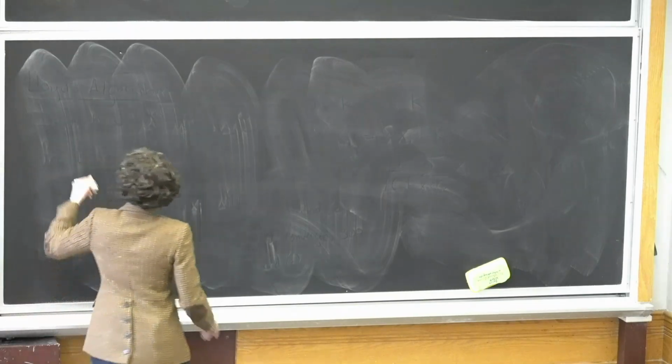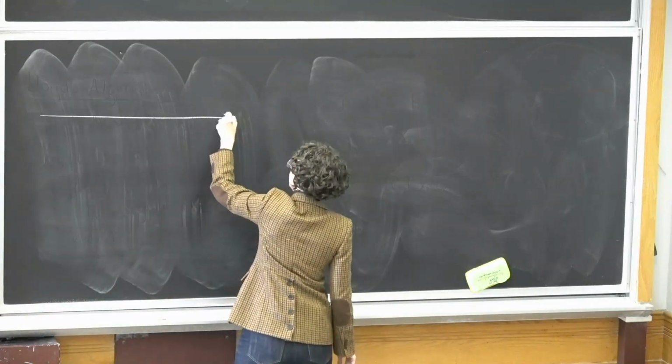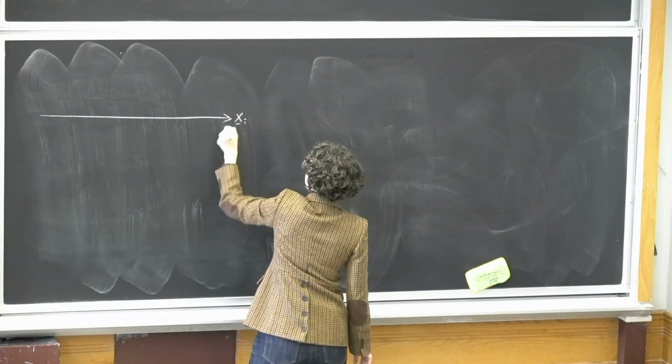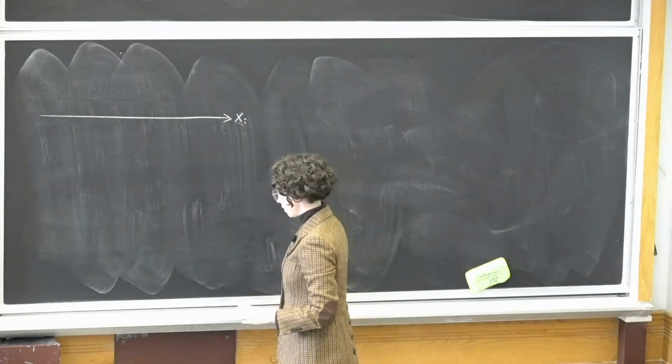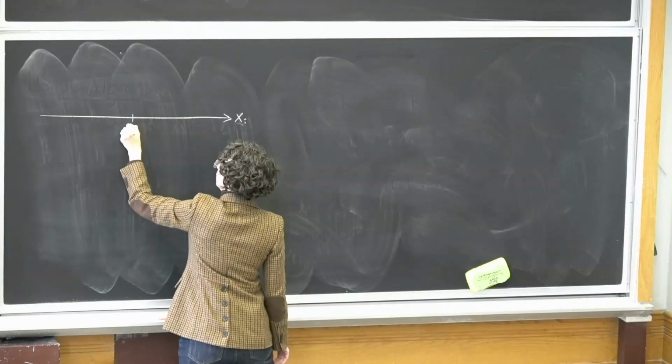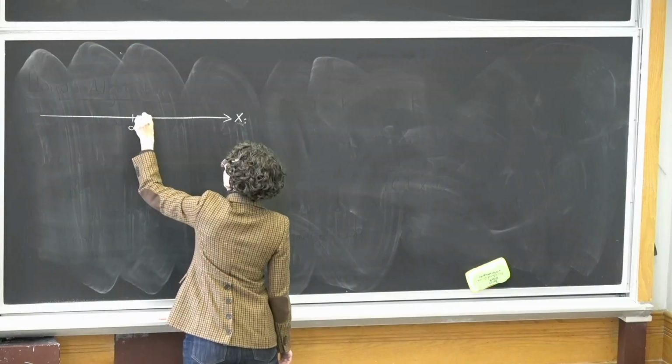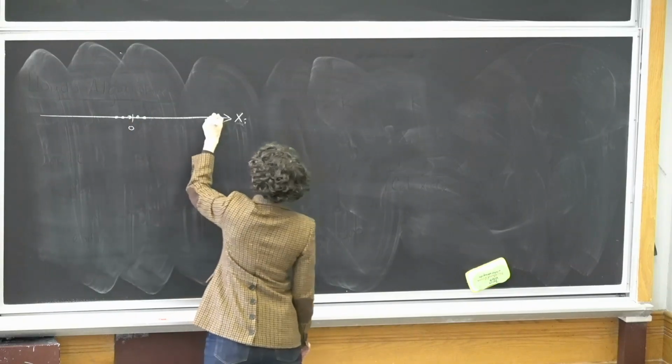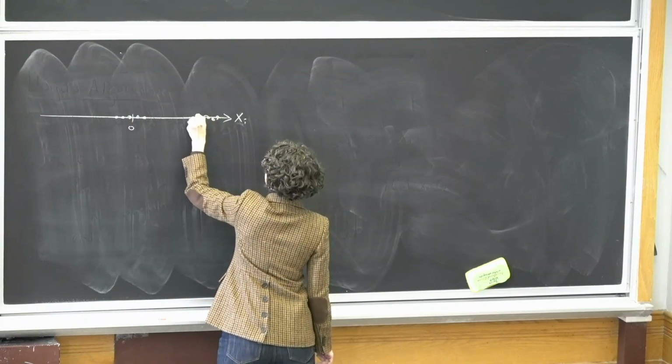Okay, so in particular, let's look at a simple 1D example first. So imagine that I'm showing all my xi's in 1D, and here's maybe the origin, and my samples look something like this.